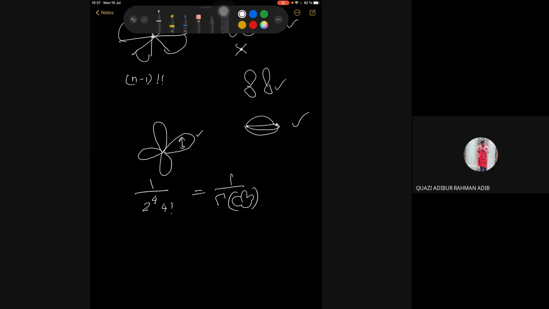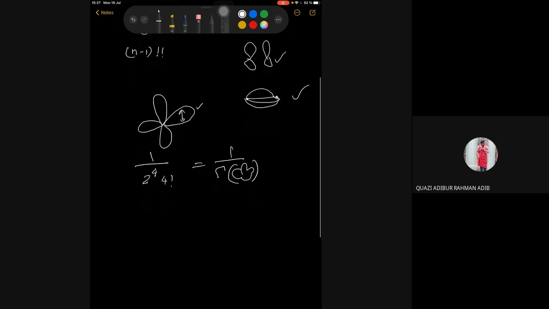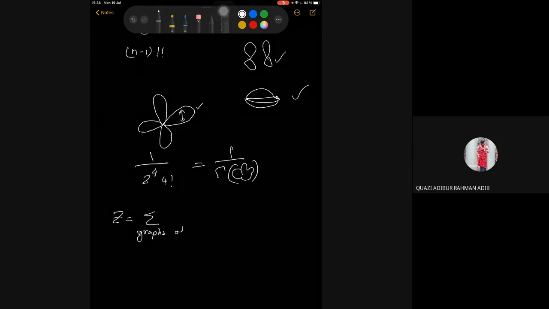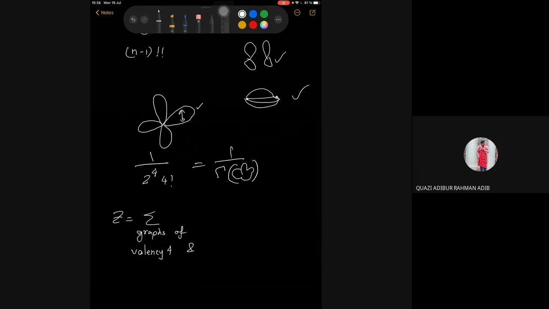And let's see, what else did we study? I defined a function like this, which is sort of a graph function, which generates all my graphs. For example, we had a function for graphs of valency 4 and n vertices.